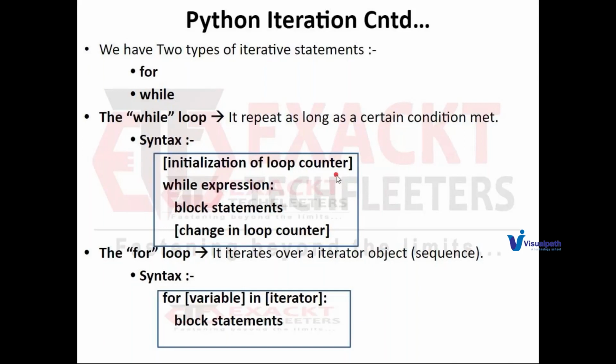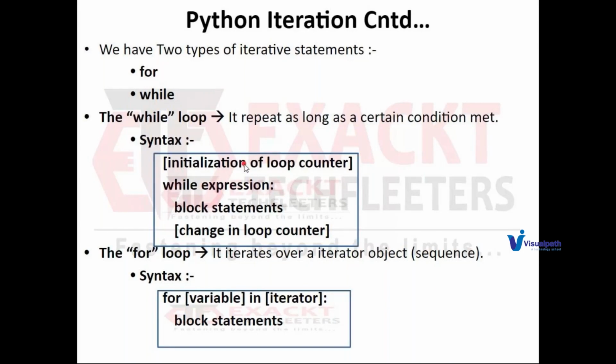Okay, because I will show you the benefit of this loop counter when we'll be using the while loop, and then the while keyword and an expression, which is a condition, and then the block of statements, and then a change in the loop counter. Okay, so this is the general syntax of the while loop.